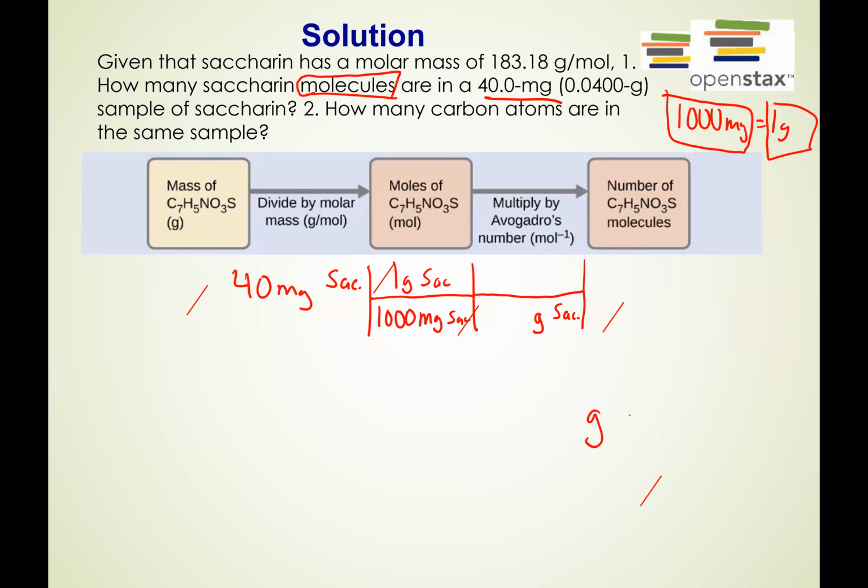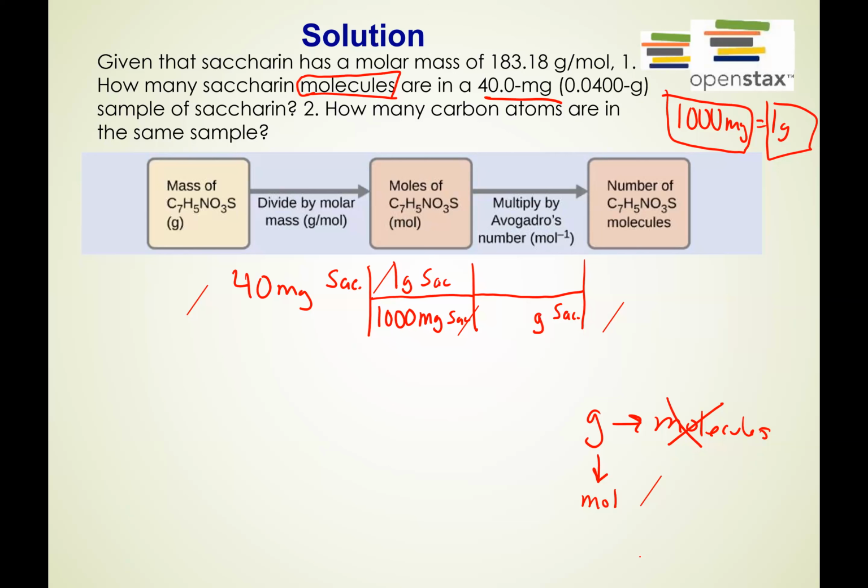Okay, so we have grams. Can we go from grams straight to molecules? We can't go straight from grams to molecules, but where can we go from grams? We can go from grams to moles. How do we go from grams to moles? Where do we look for grams to moles?